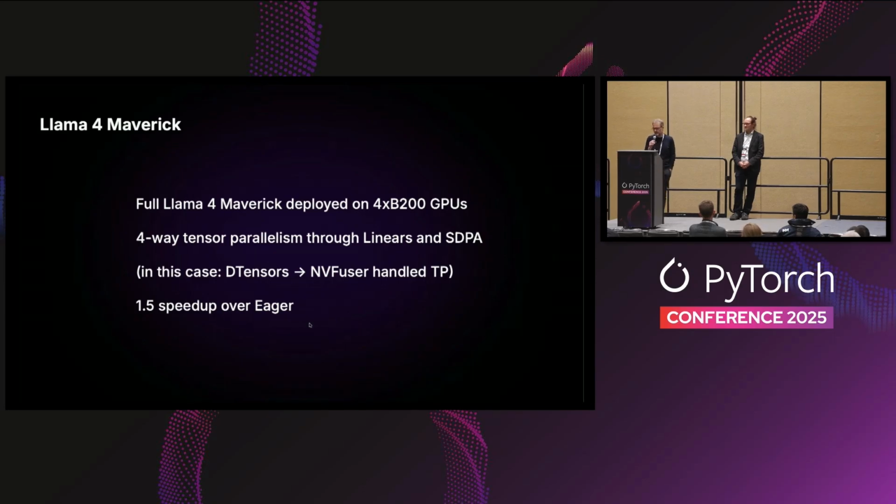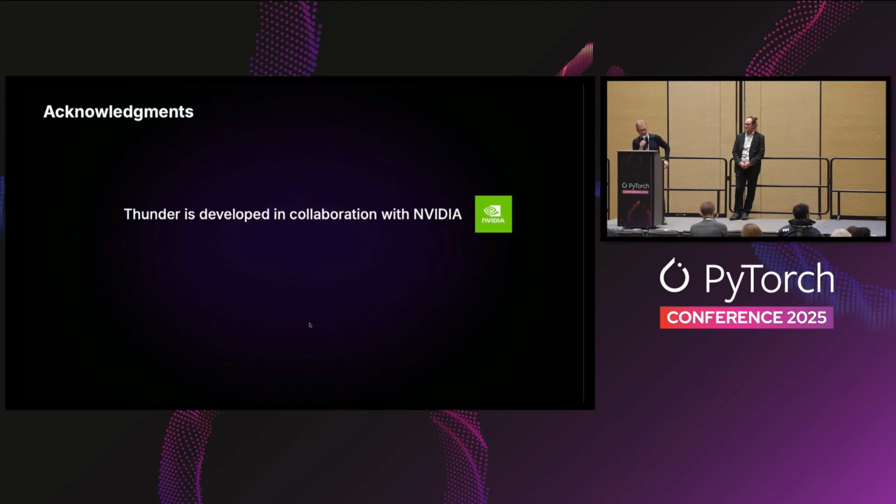We have a speed up over eager, and there will be more work done around here, particularly related to the use of lower precisions like NVFP4 and such, that can follow more or less the same approach as what Thomas showed.